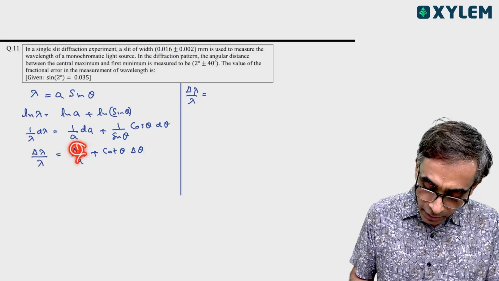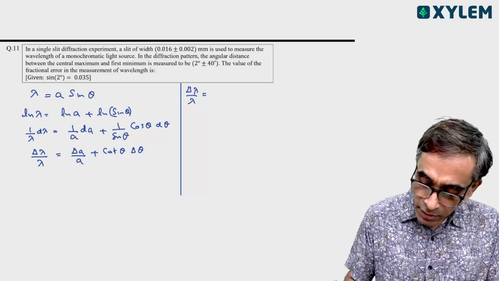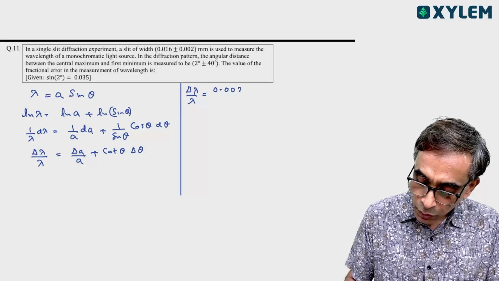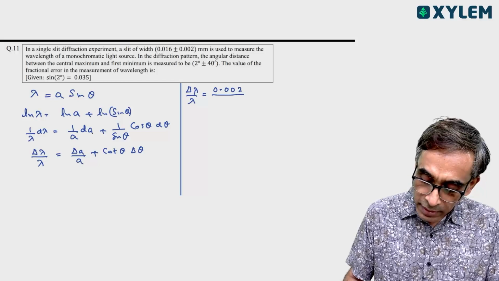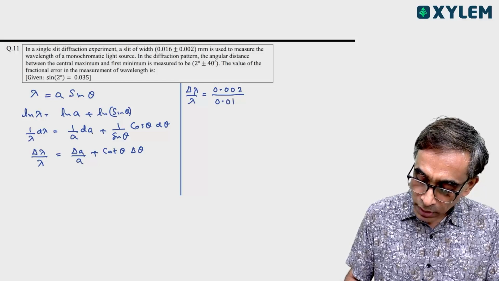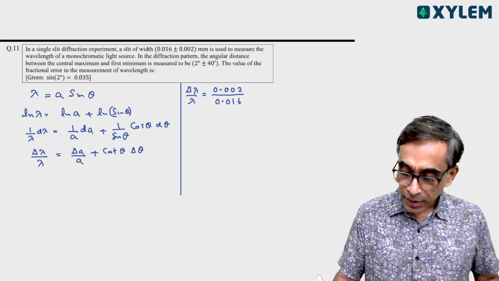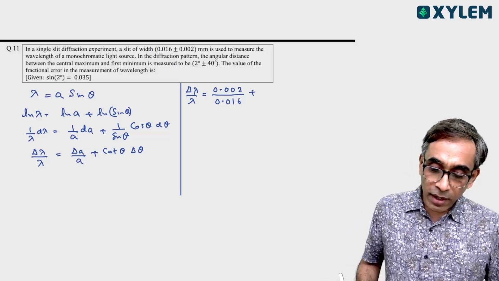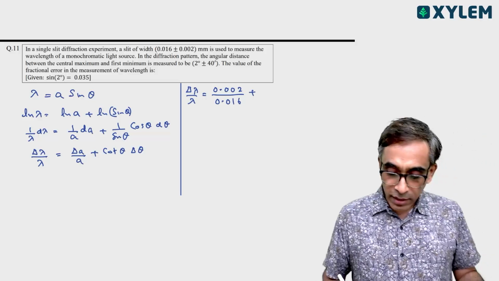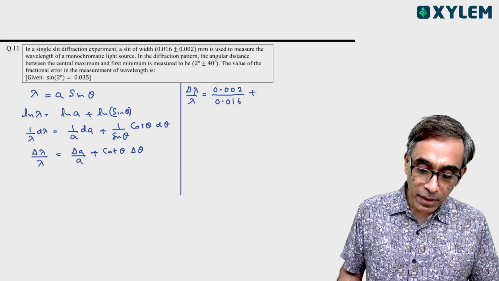What is delta a by a? Delta a is given as 0.002 divided by a's actual value, 0.016. I think it's easily divisible. Plus, what is theta? Theta is 2 degree.